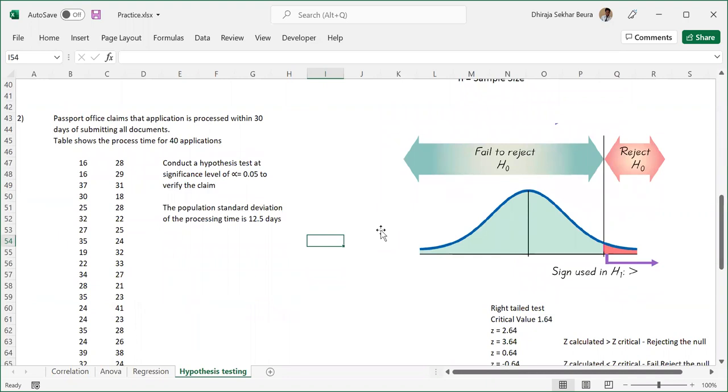The figure of 3.125 defines this complete green part, and this one is 0.05, right? So you have to calculate 1 minus to get this, because this is 0.95.